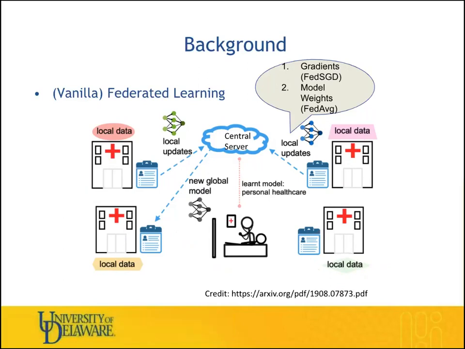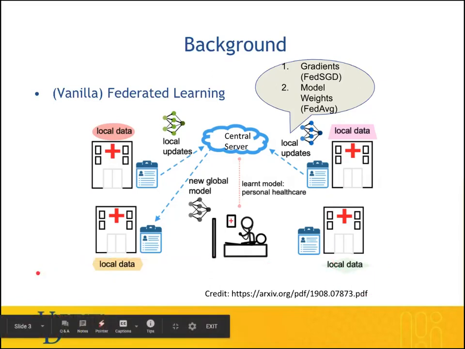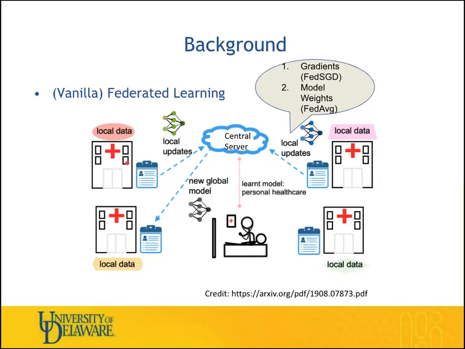You can observe that their local data are illustrated in different shapes, meaning that their local data are different from each other. They begin by locally training a model, such as a deep neural network that tries to classify, let's say, Alzheimer's disease based on brain images, and then upload the training updates to the central server to construct a new collaborative model.